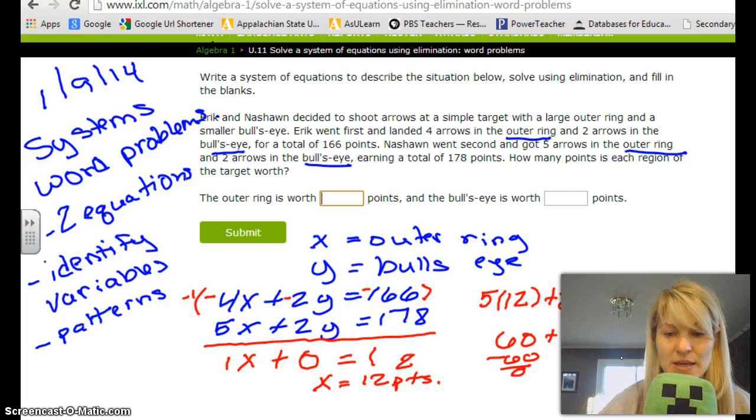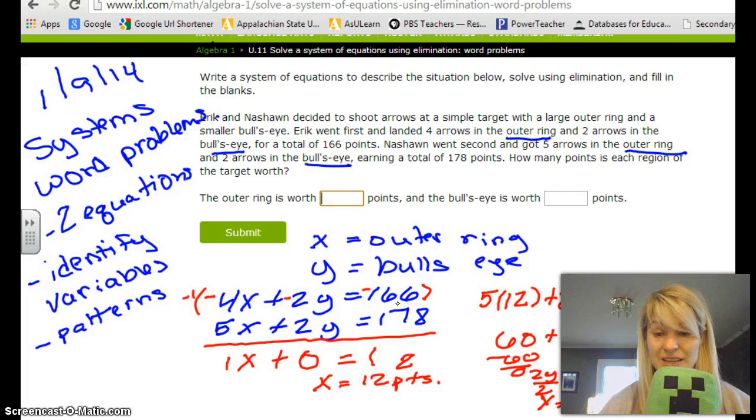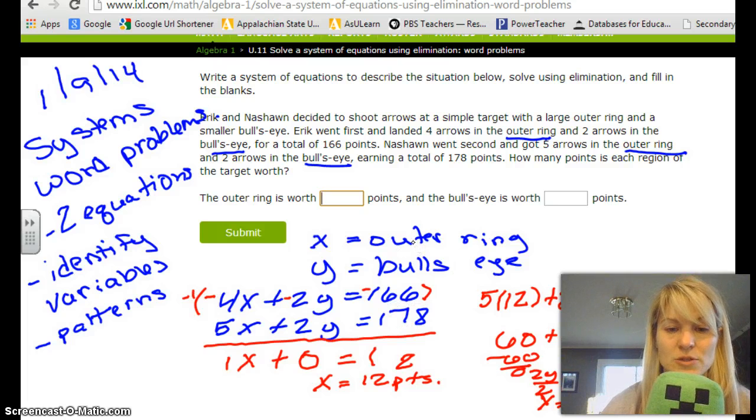And so that's going to give me 118 equals 2y. And then we just divide by our 2. And let's see, we'll get y equals, it goes in there 5 times, goes into 18 9 times, so 59 points. So we know the outer ring is 12 points and the bullseye is 59 points, which makes sense, the bullseye should be worth more, okay?